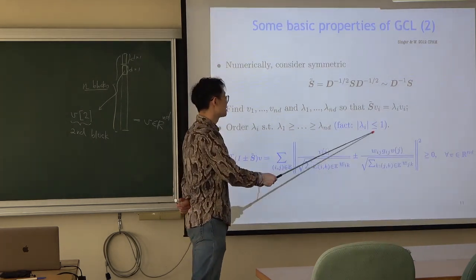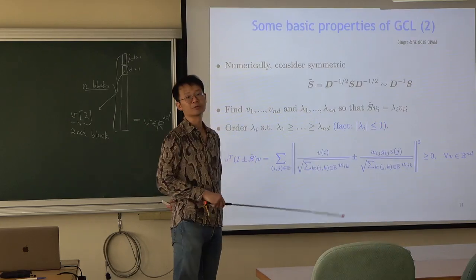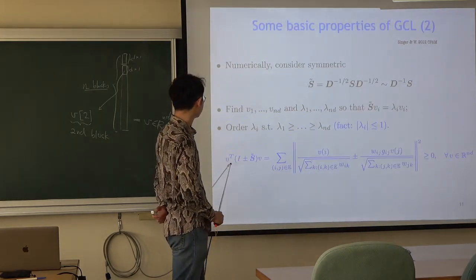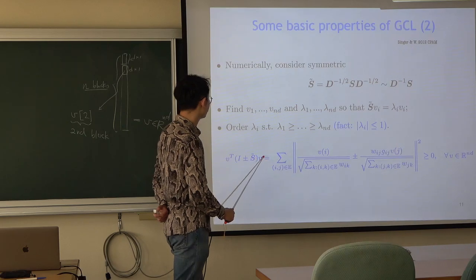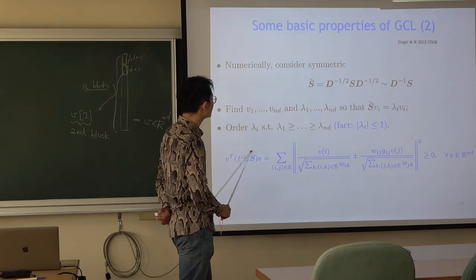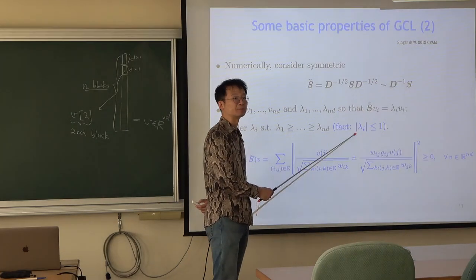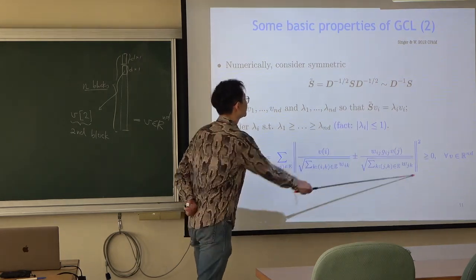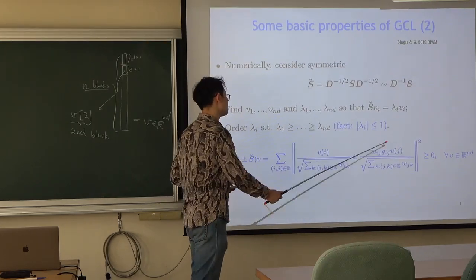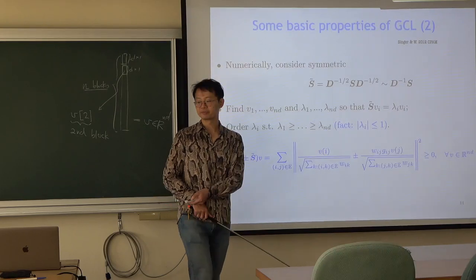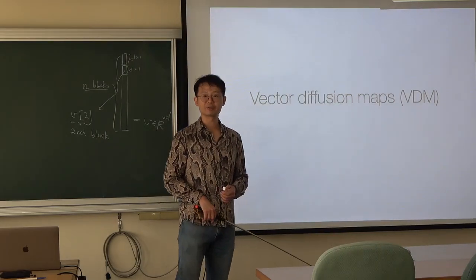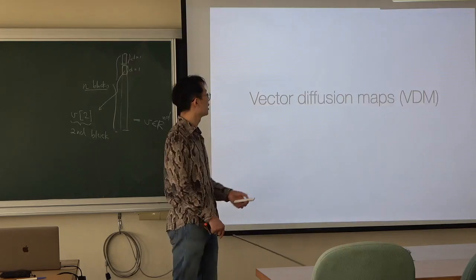This can be proved directly by using the spectral norm being bounded by the L infinity norm, the same trick as we did before. Then v transpose (I plus or minus S tilde) v is always positive. That is another way you can prove lambda i is bounded by 1. So if you do the ordering, no matter what you do, you always have this result. There are several ways you can prove it. Okay, very good. So these are basic properties of graph connection Laplacian, and we will have more to discuss later.